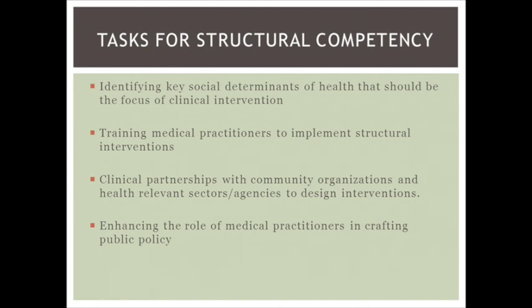All right, so now I'm wrapping up. The tasks, I think, for structural competency going forward involve identifying the key social determinants of health that should be the focus of our intervention as clinicians. And some of that might involve in-clinic assessments, looking at charts and looking at the pattern.